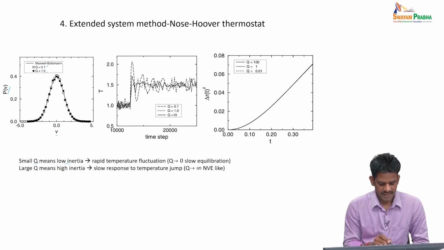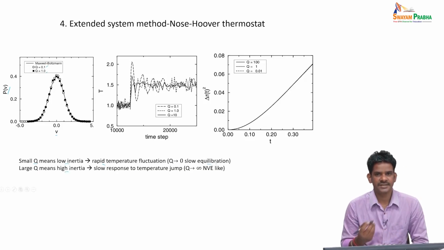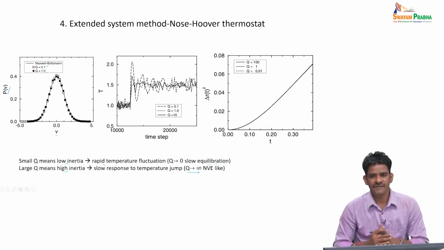It means that the temperature fluctuation will be rapid, and that will lead to a very slow equilibration. On the other hand, when we set Q to be very large, that means we assign the inertia to be very high. So, then the response will be very slow whenever the temperature is changed, and in the limit Q tending to infinity, we basically recover NVE, or the constant energy kind of behavior.